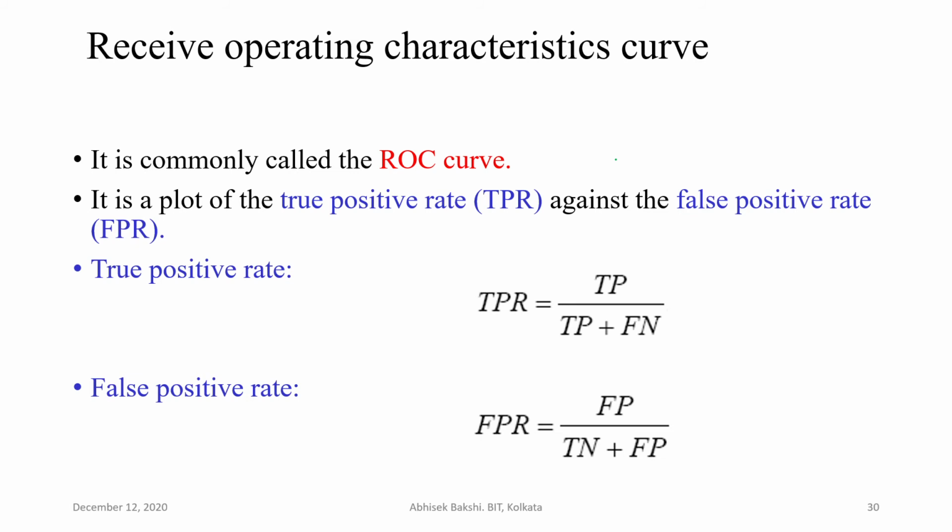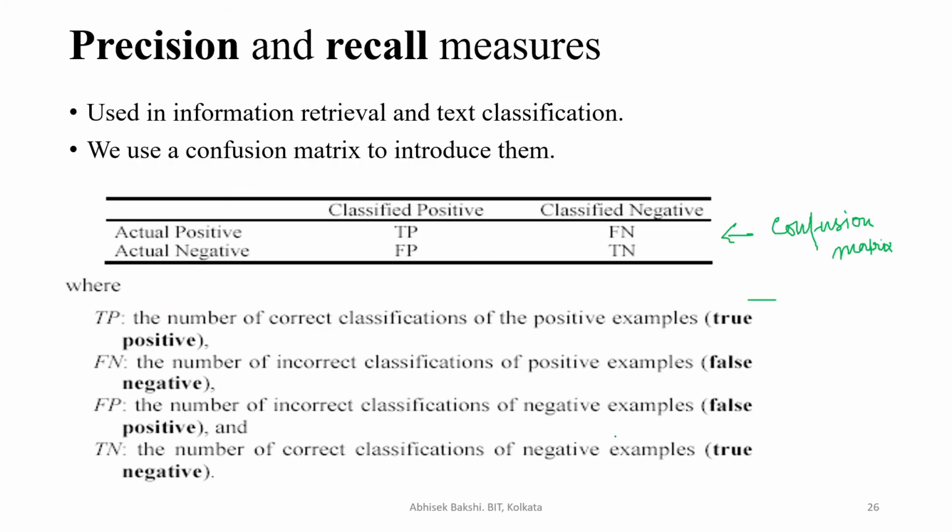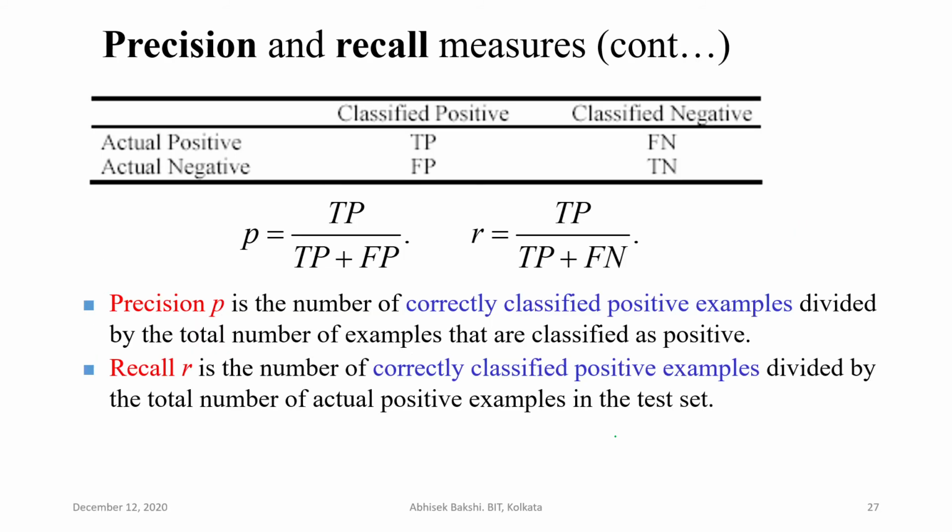but false negative also belongs to positive examples, right? Similarly, the false positive rate is all the false positive cases divided by the number of actual negative cases, because a false positive means it is a negative example, right? But what does true negative mean? True negative means the number of correct classifications of negative examples. So the example is negative.